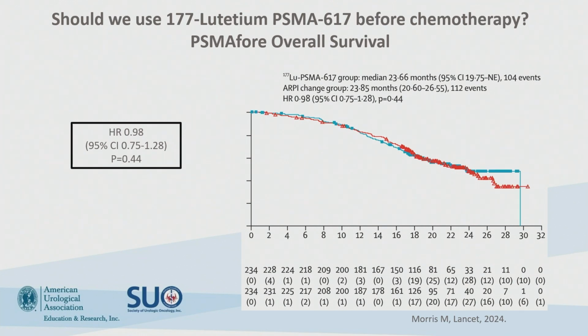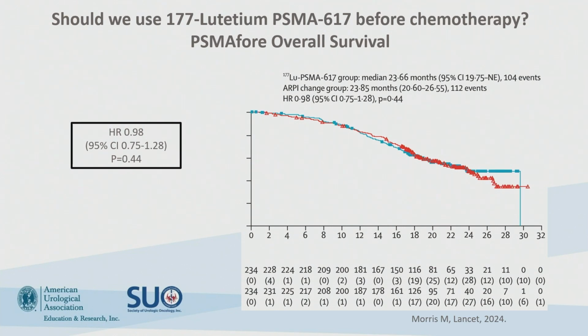But this is the survival curve from PSMA-4. This was a patient population with CRPC who had all had exposure to ADT and an AR pathway inhibitor, had not been exposed to chemotherapy. The randomization was between the alternate AR pathway inhibitor, not a great control arm, and Pluvicto. And we found that Pluvicto prolonged the radiographic progression-free survival as compared to the alternate AR pathway inhibitor, which we know is not the greatest control arm anyway.